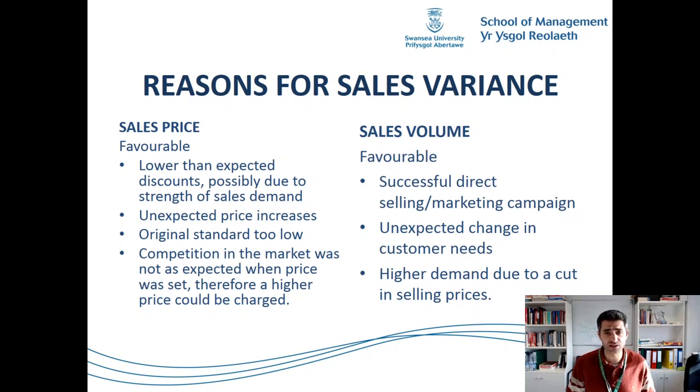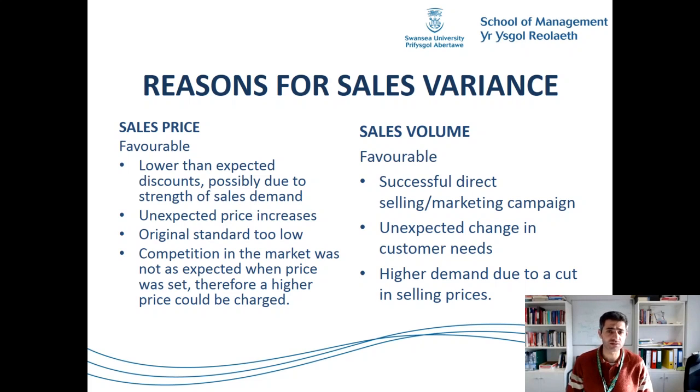In terms of sales variance, we have the sales price variance. If the sales price variance is favorable, it's great. This means the actual selling price is more than the budgeted selling price. This is good results, isn't it? So what could be the reason?